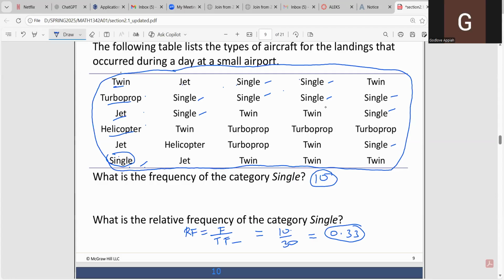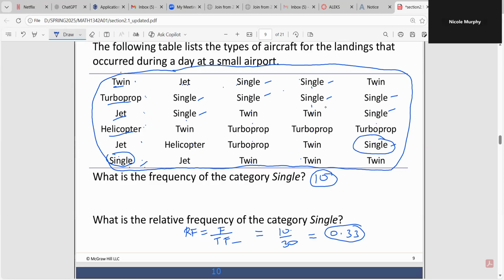So you can count everything starting from here. 1, 2, 3, 4, 5, 6, 7, 8, 9, 10, 11, 12, 13, 14, 15, 16, 17, 18, 19, 20, 21, 22, 23, 24, 25, 26, 27, 28, 29, 30. Okay, so that was the total of all of them together, but we just singled in on the single. Yes. Okay, that's where I missed. I'm sorry. Okay, I got it.